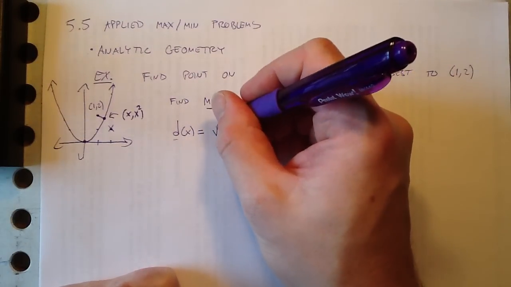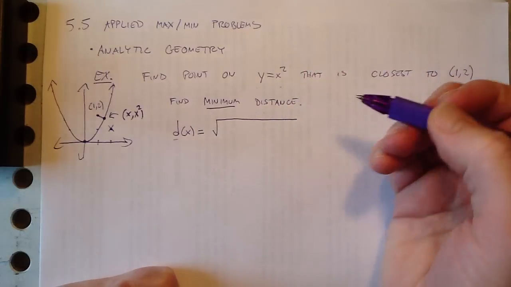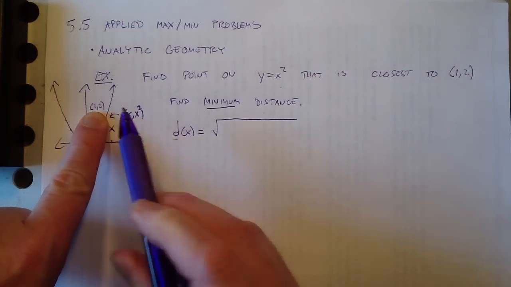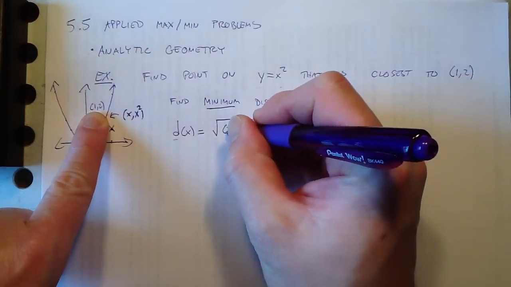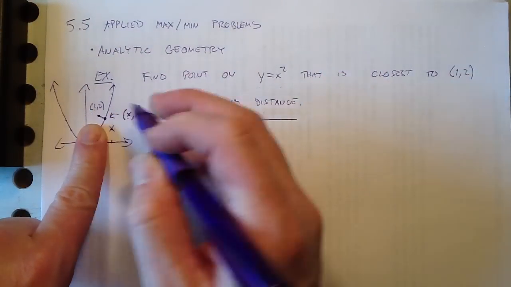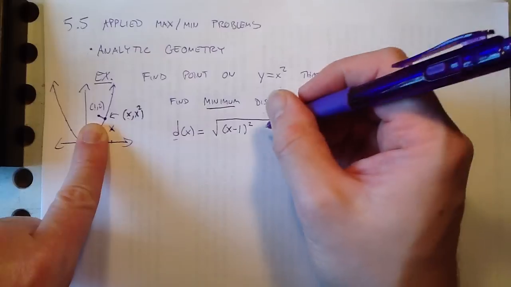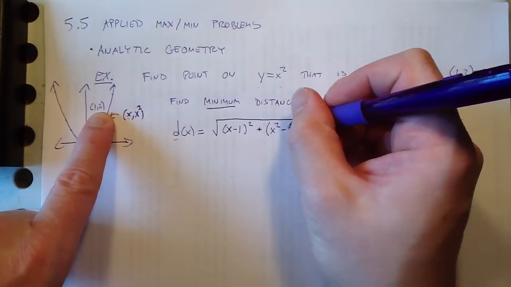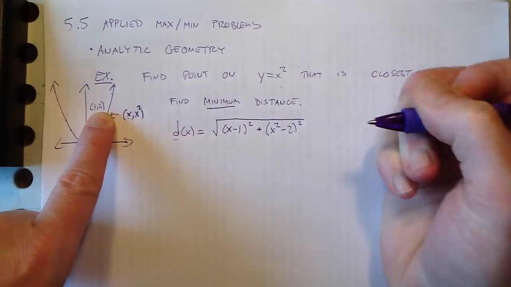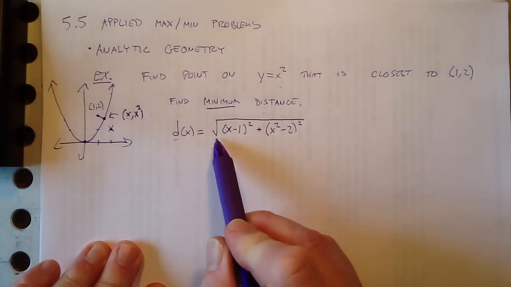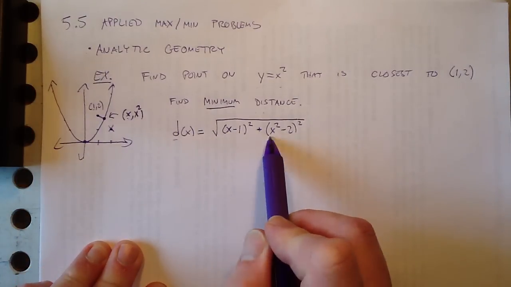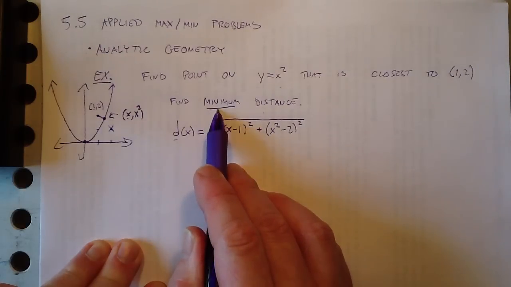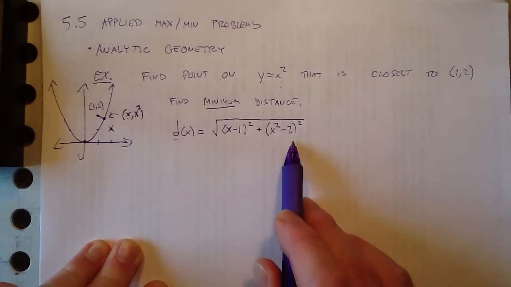And remembering the distance formula, which is basically just a version of the Pythagorean theorem, we have x minus 1 squared plus the y coordinates. So this is the distance between any arbitrary point on this parabola and the point 1, 2. And we want to find the minimum distance. So we'd like to look at this function and find the minimum.